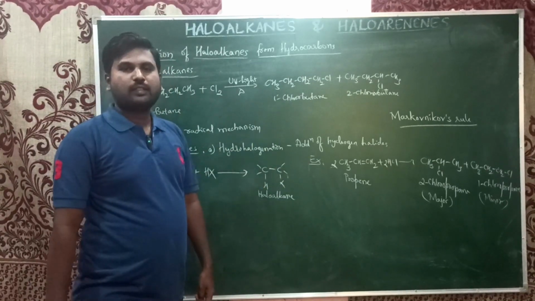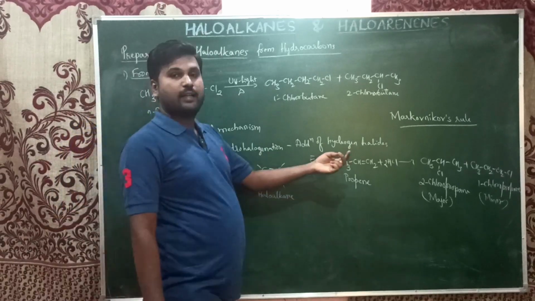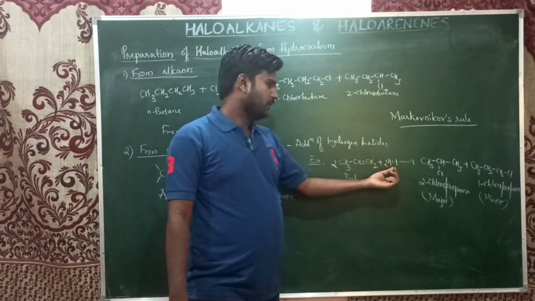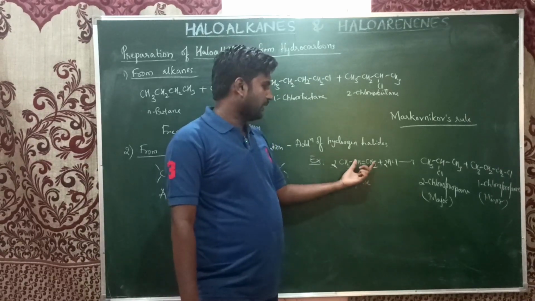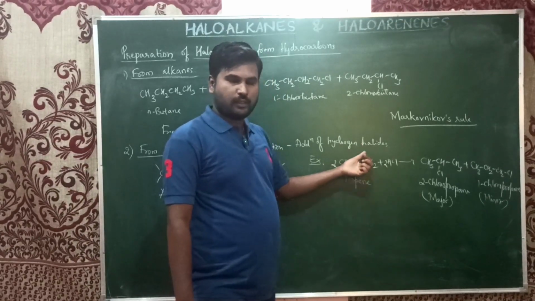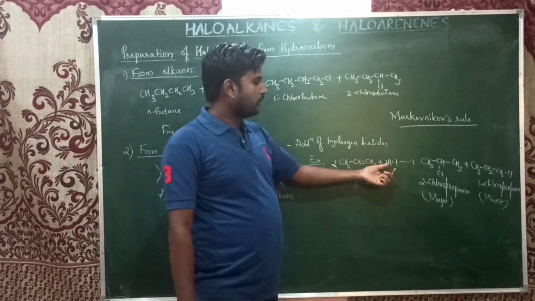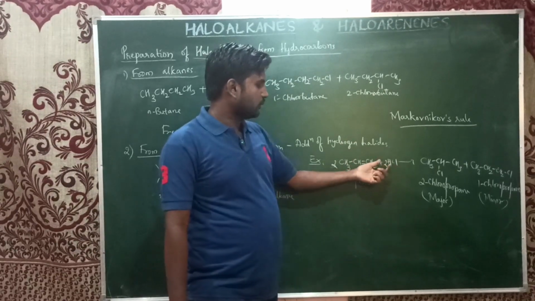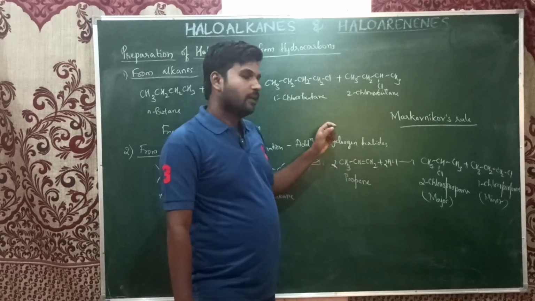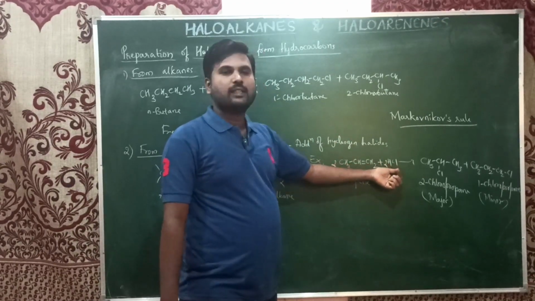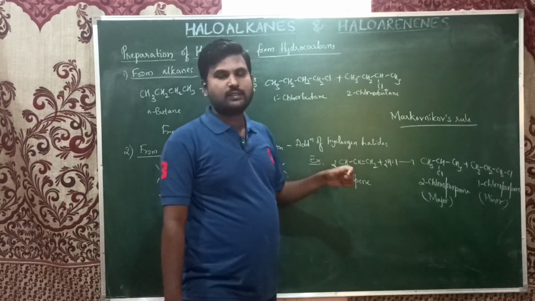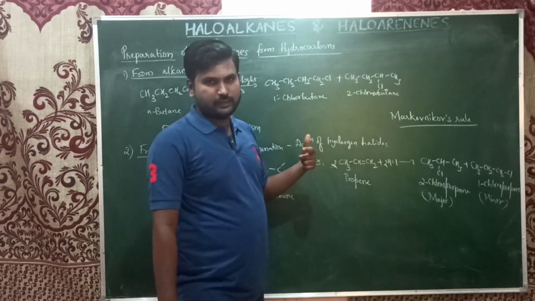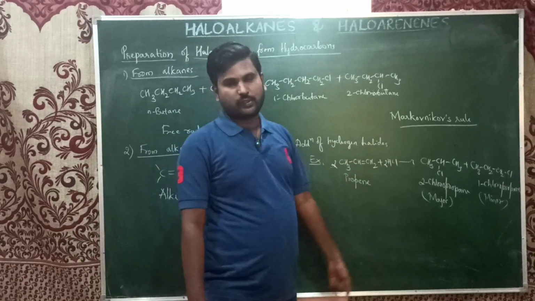In the addition of a hydrogen halide to an unsymmetrical alkene, the hydrogen atom will attach to the carbon containing more hydrogens, and the nucleophile attacks the carbon containing fewer hydrogens across the double bond. This is the statement of Markovnikov's rule.